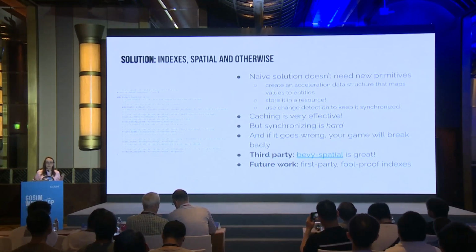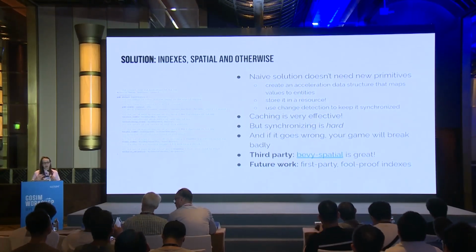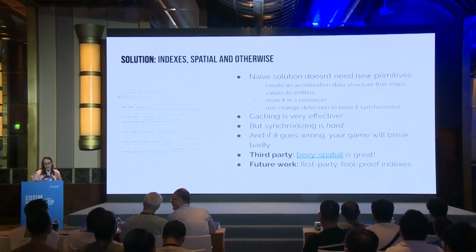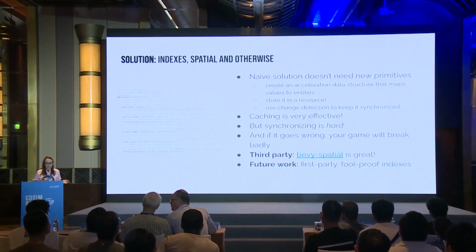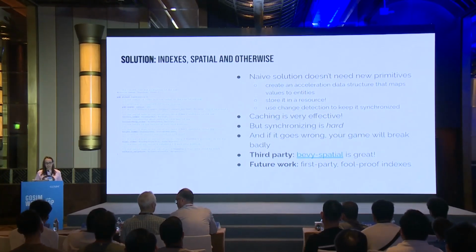And then you just store it in a resource, and then you just ask the resource, okay, I want all of the entities within this region of space, or I want the entity that corresponds to this tile. And it goes and looks it up and fetches it. And this is a shockingly effective solution. It can make your game dramatically faster.